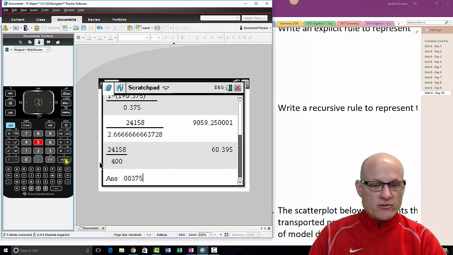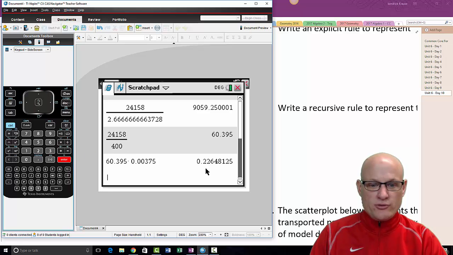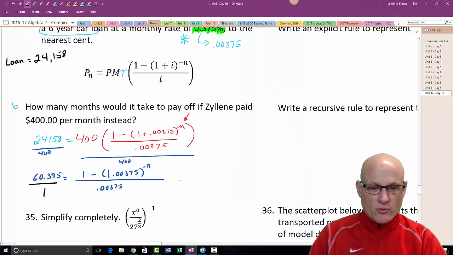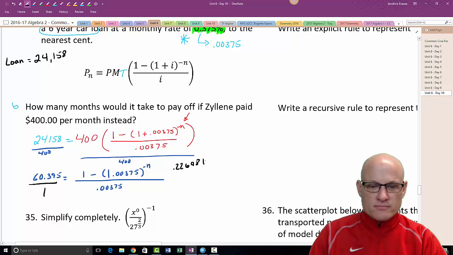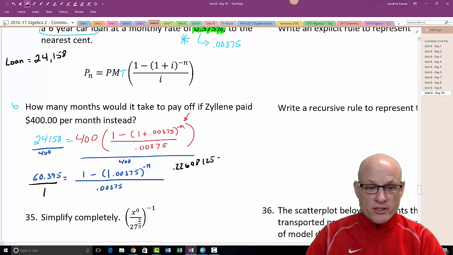Now I'm going to get some silly small number, 0.22648125. Like, don't round, is equal to 1 minus 1.00375 to the negative n.